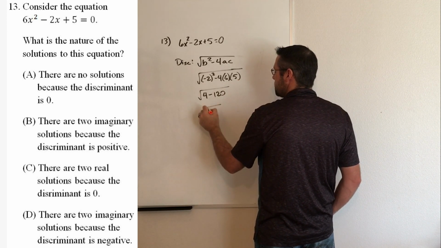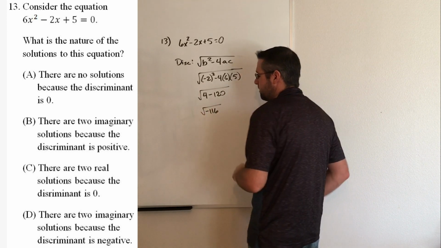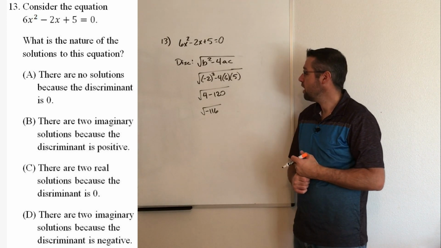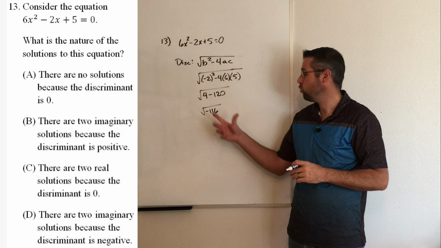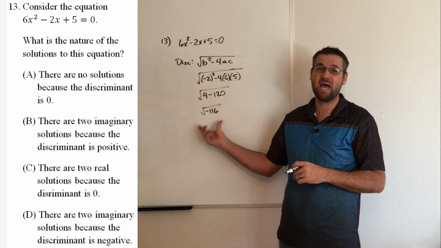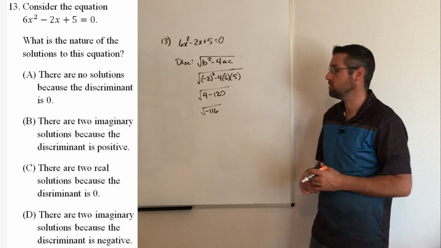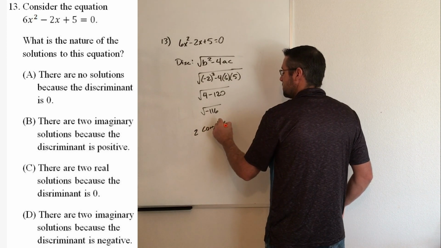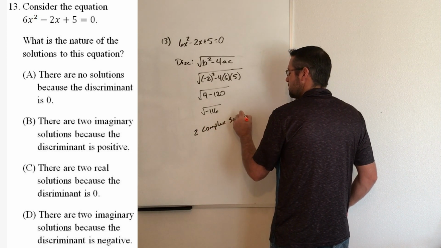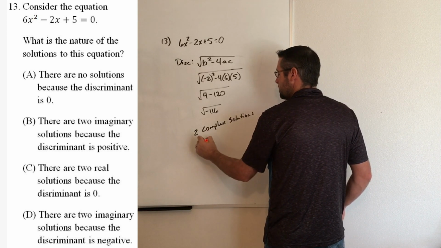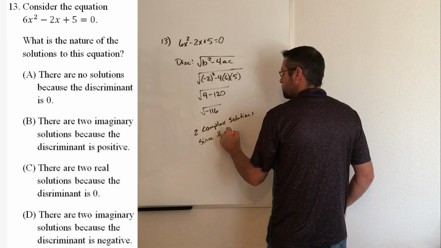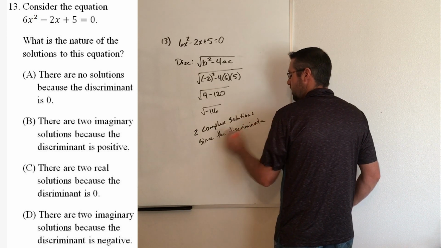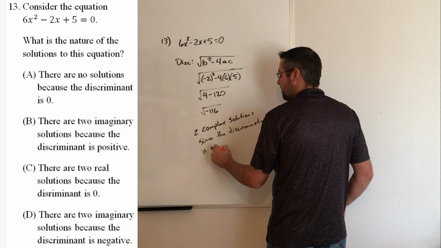From here we end up with negative 116. Because the discriminant is negative, we would say there is no real solution. There's only an imaginary or complex solution. So we would say that there are two complex solutions, since the discriminant is negative.